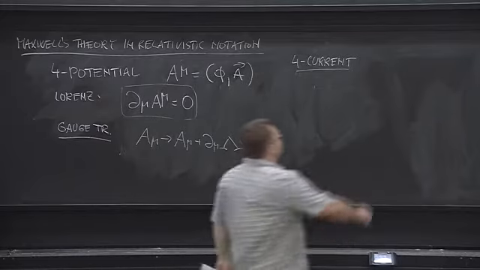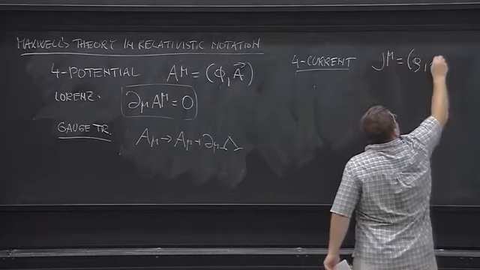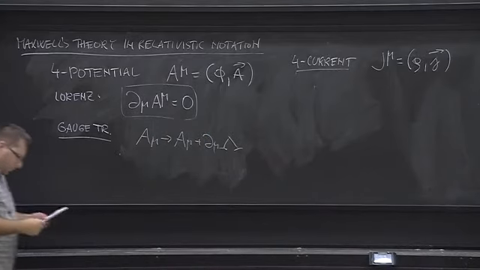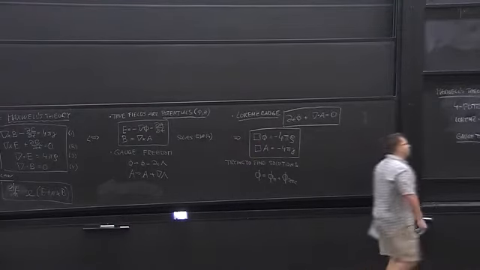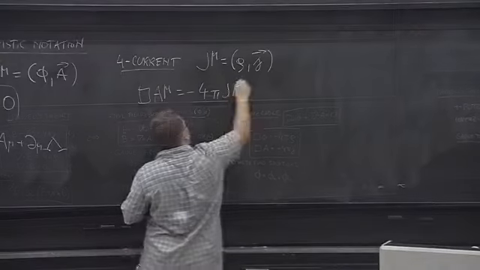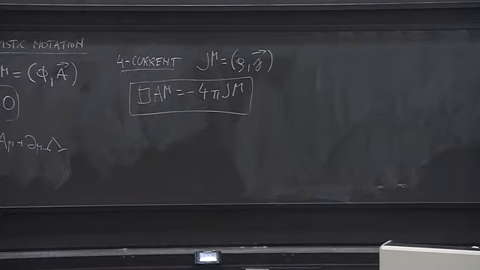So for current, J^mu is just rho and J. And then if I do it, this equation is just box on A^mu equals minus 4 pi J^mu. And that's my wave equation in this Lorentz gauge condition.